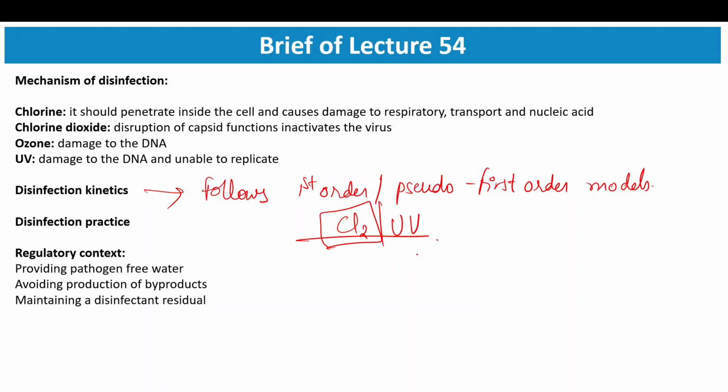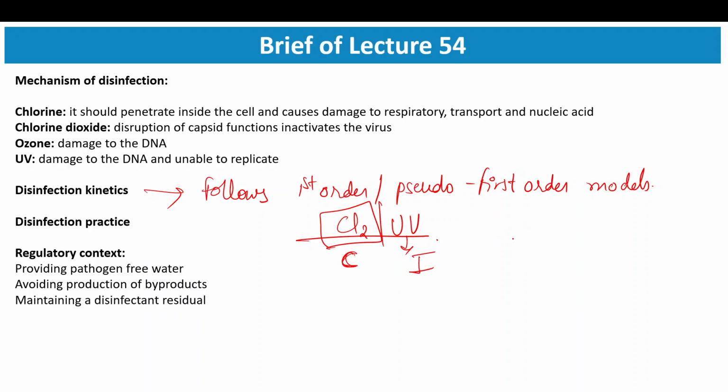For example, if you use chlorine, then you will be using the concentration, right? While if you are talking about UV, then the concentration of UV will be in terms of the intensity of UV that you are irradiating, right? So depending on these terms, you will be deriving the final form.